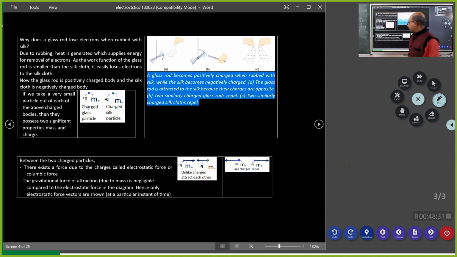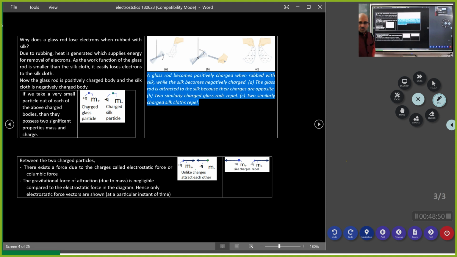Now, between the two charged particles, there exists a force due to charges called electrostatic force or Coulombic force. The gravitational force of attraction due to mass is negligible compared to the electric force, so the electrostatic force vectors are shown in this diagram.